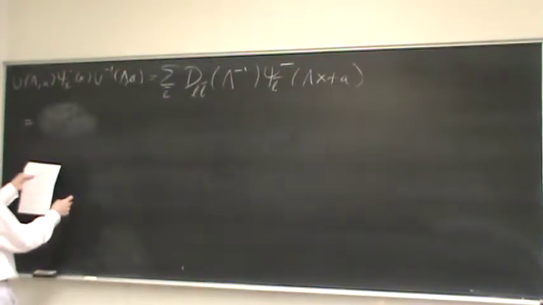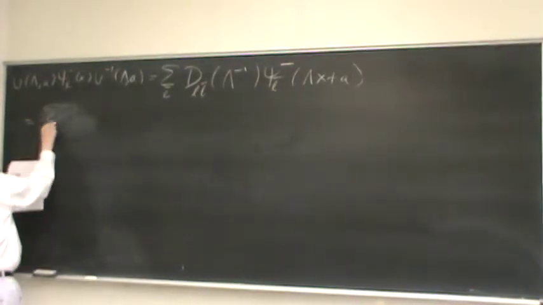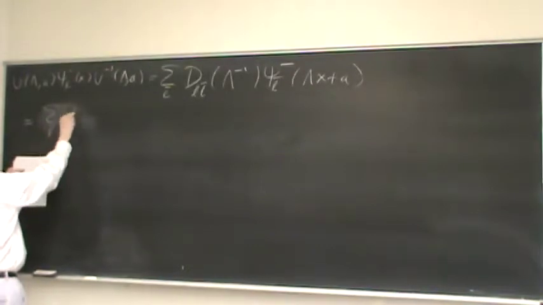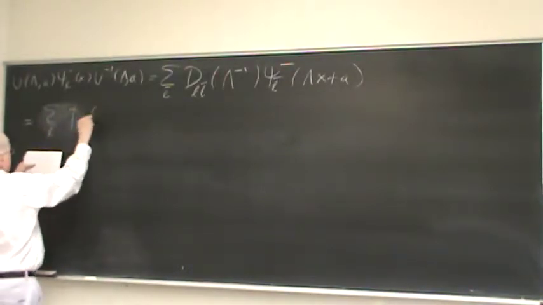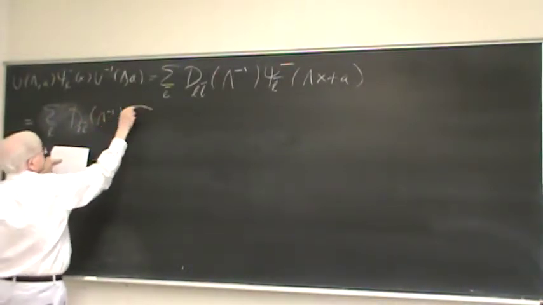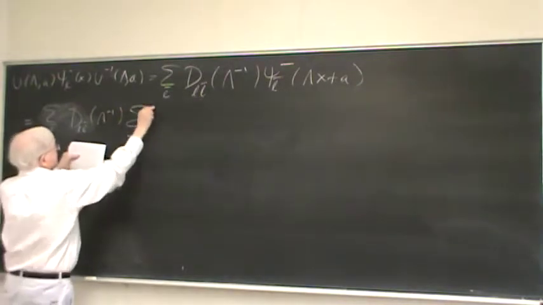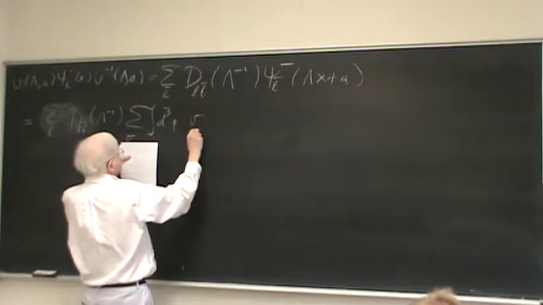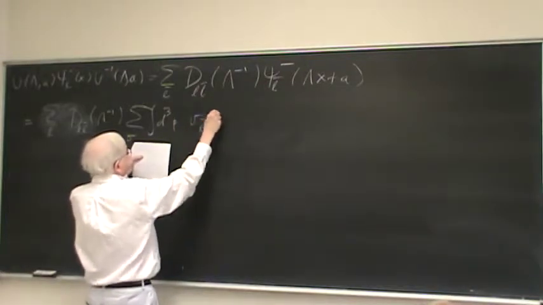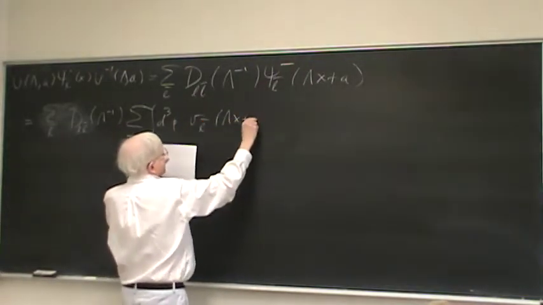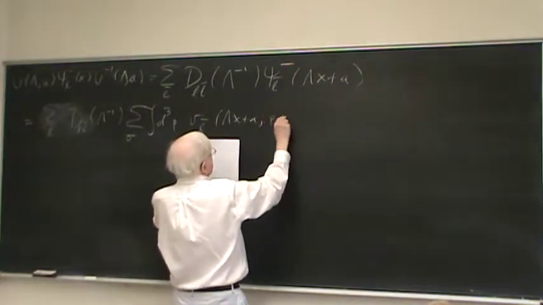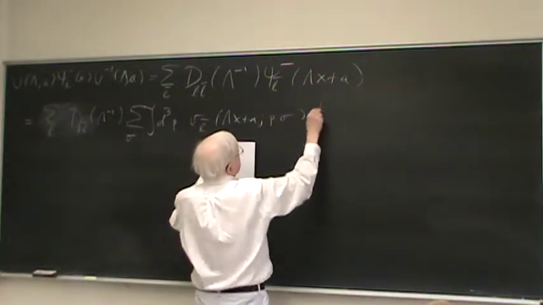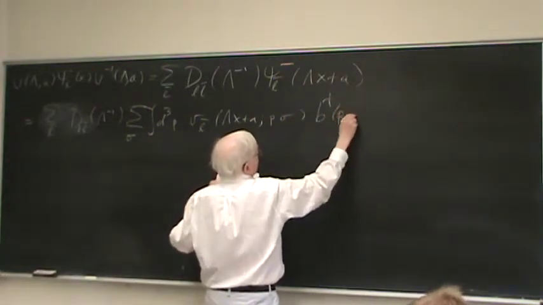So we can think of this as some L bar, D(L bar of lambda inverse), some sigma integral d^3 q, p, v L bar of lambda x plus a; semicolon p and sigma, p dagger, p and sigma.